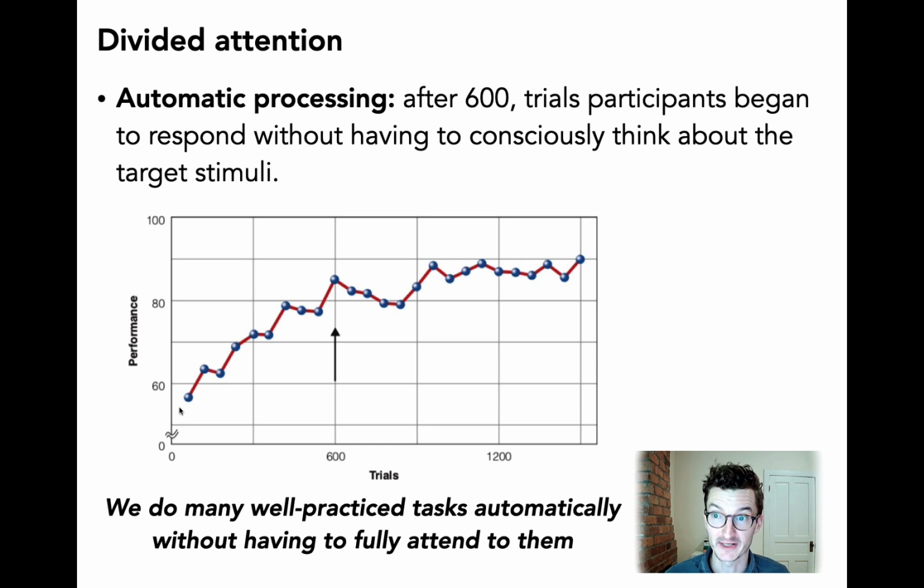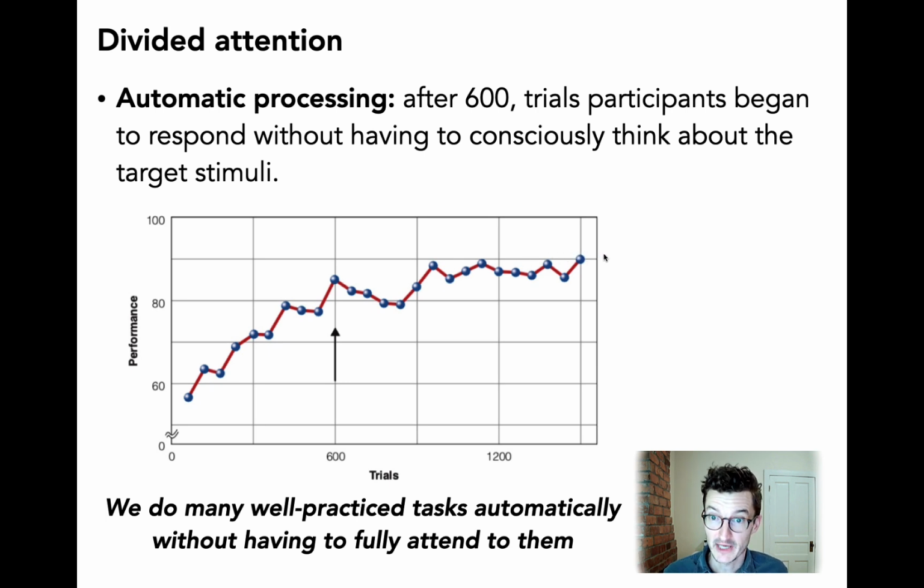And we call this automatic processing. So participants began to respond without having to consciously think about what the target stimuli were that they initially saw. And so we see after about 600 trials, their performance is actually plateauing at around 90%. So they're doing pretty well.